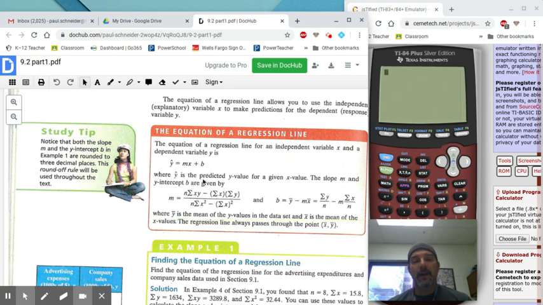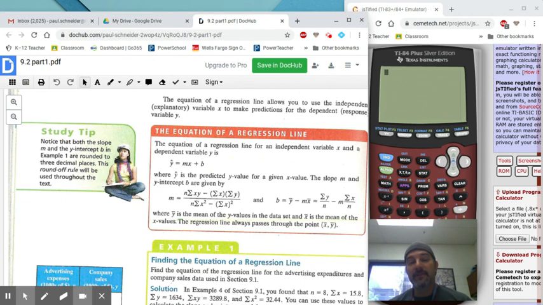So y hat is the predicted y value, and the slope m and the y-intercept b are given by these equations, and you're going to see some sigmas in there. You'll be doing summation with some multiplication, and even though it looks hard to the layperson, it's not difficult per se, but it is lengthy.